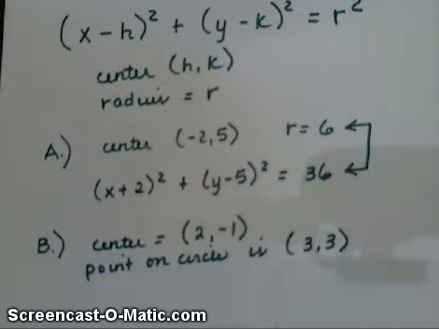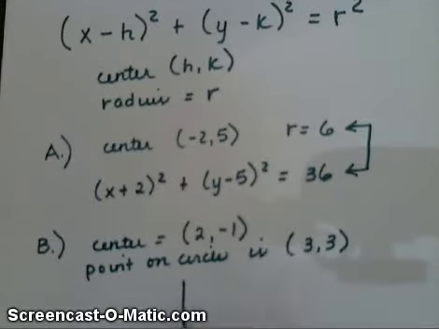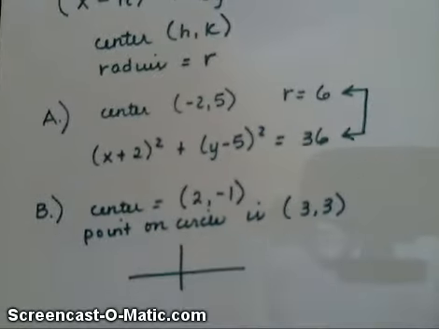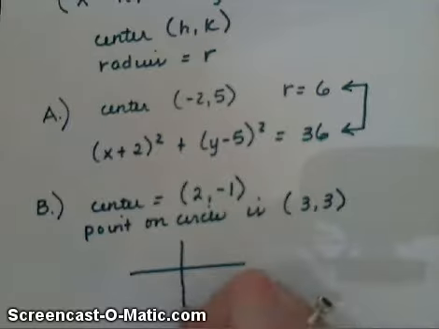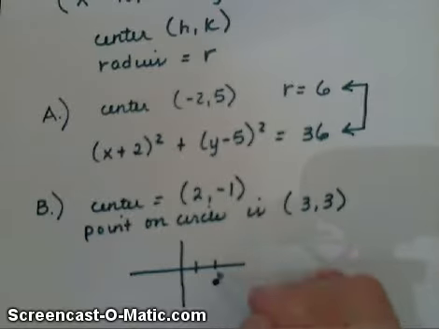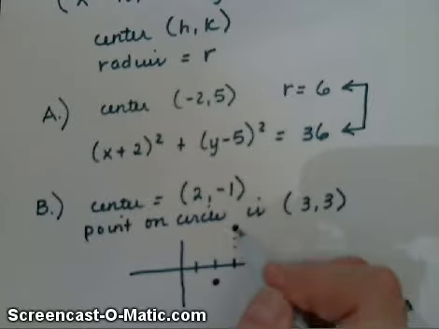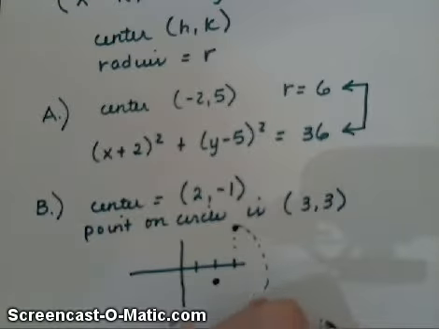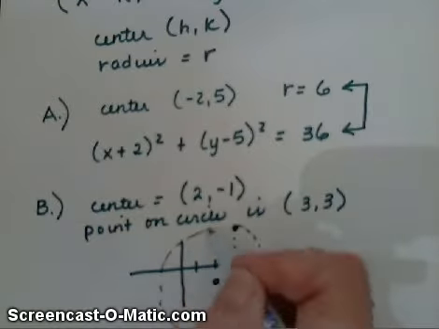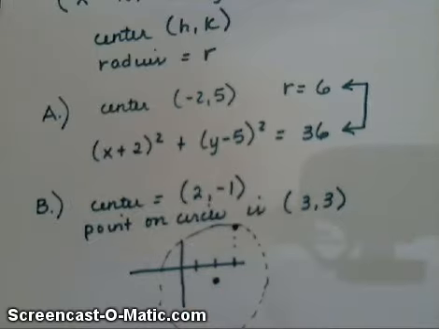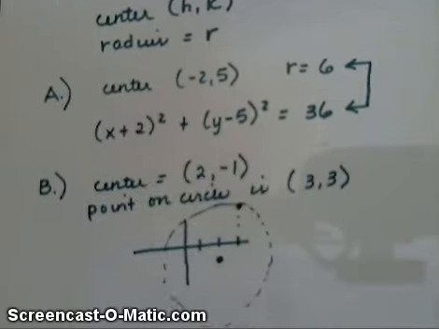Okay, now, in these cases, I think it's good to maybe sketch so you can visualize a little bit. So let's put our center at 2, -1, and let's put a circle point at 3, 3. So what you can imagine is, here is a pathetic picture of the circle. Sorry, it's late, I'm tired. Okay, so there's our circle.